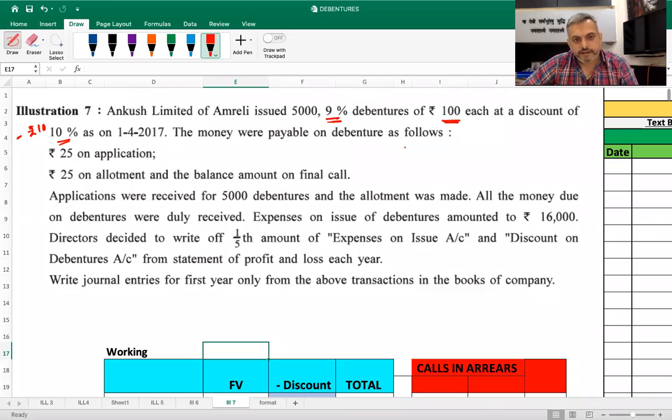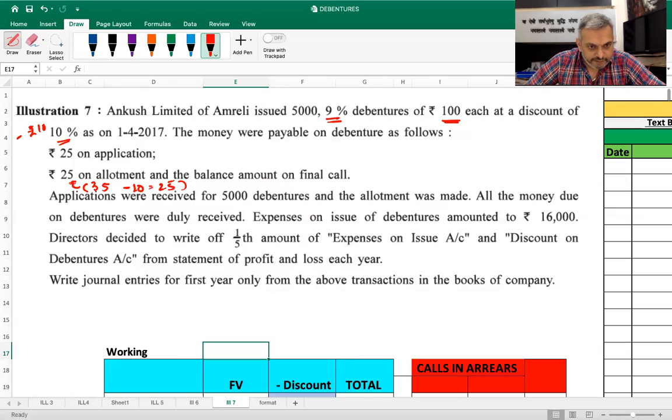Now over here, this discount of rupees 10, where will we adjust this discount? This discount of rupees 10 will always be adjusted on allotment. So allotment, when we are calling for 25 rupees, it will be 35 as the face value, minus 10 as the discount, which comes to 25.